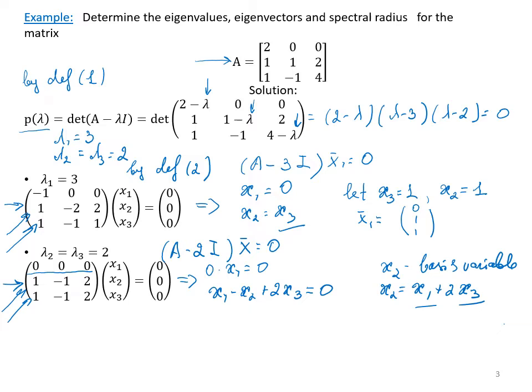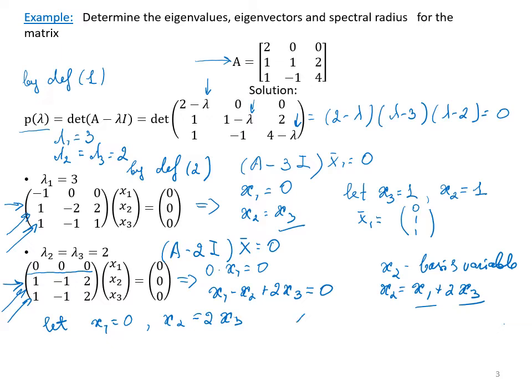So, at the same time, we can pick, let's say, x1 to be 0, then x2 equals 2x3.